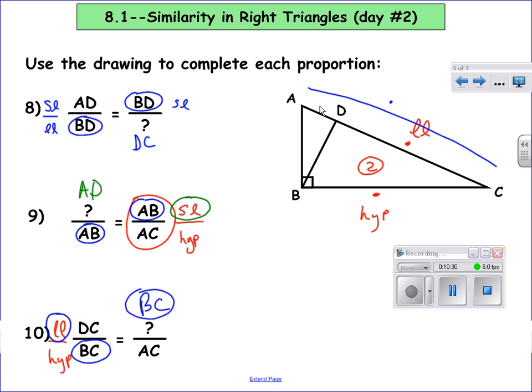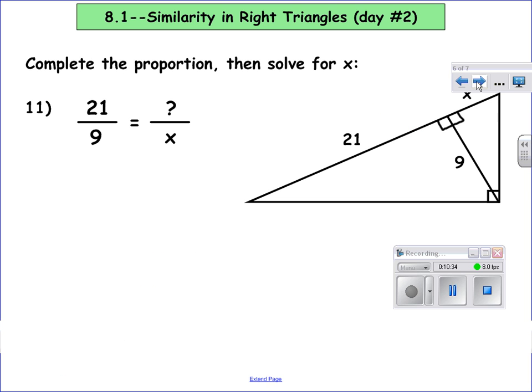I've got a couple quick problems for you with this, and then this topic, geometric mean, is complete. So how do I use this? 21 is to 9 in triangle 2. That's our long leg to short leg. All right. So now this should be 9 is to x, right?